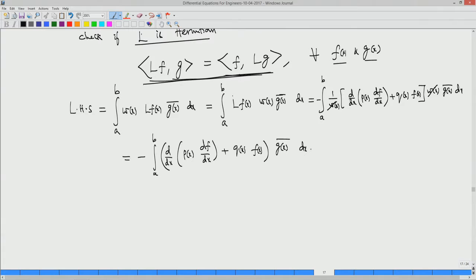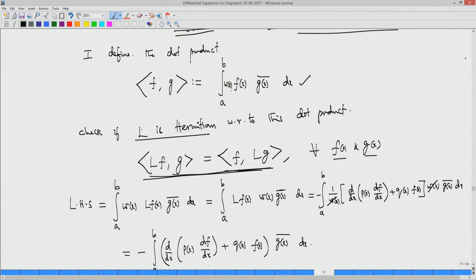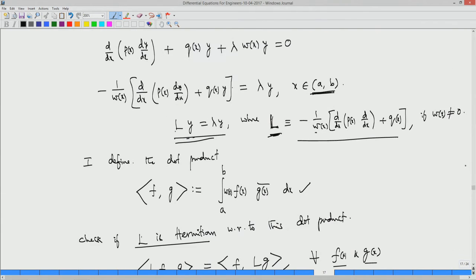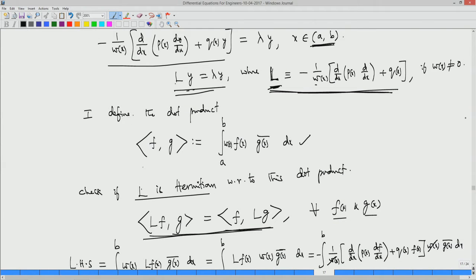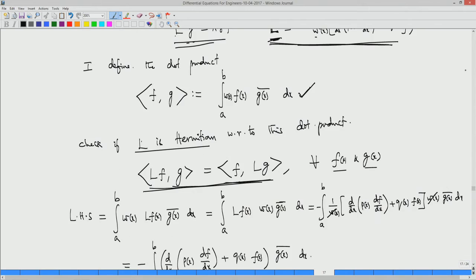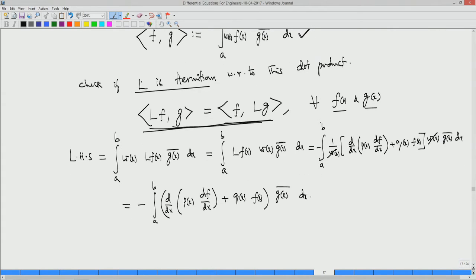Once you know what the differential equation L is, we defined the dot product in this fashion. With respect to this dot product, we want to check whether L is Hermitian or not. That means we want to verify whether this equality is true or not.